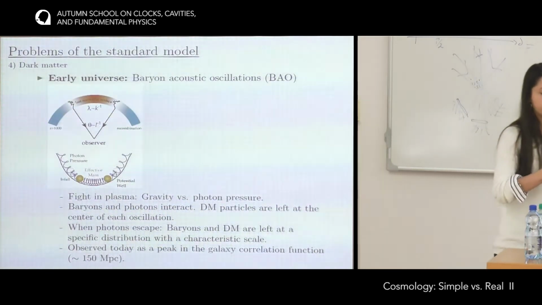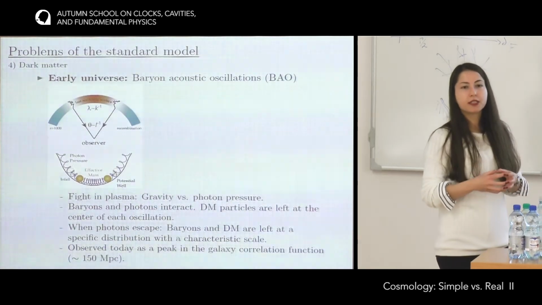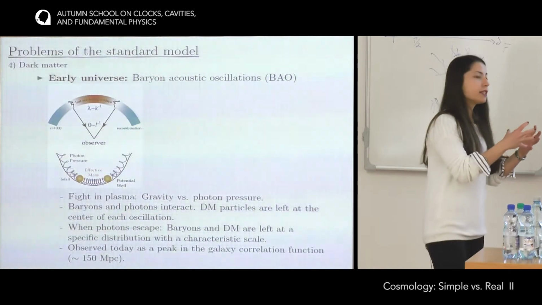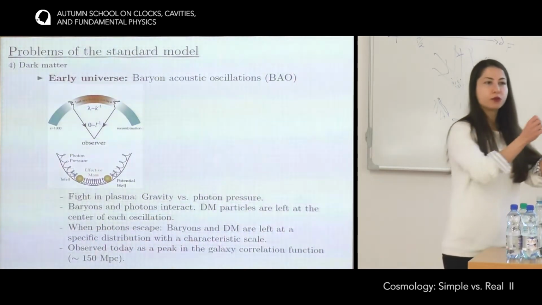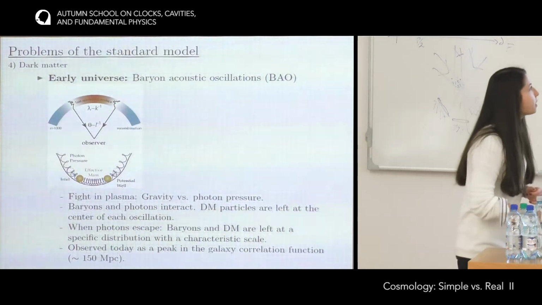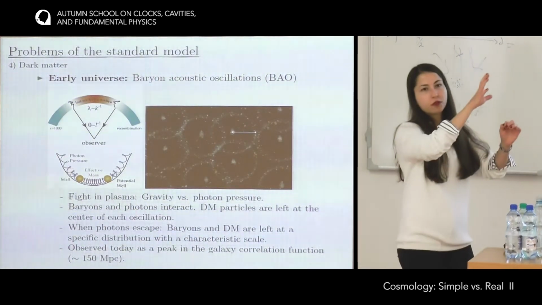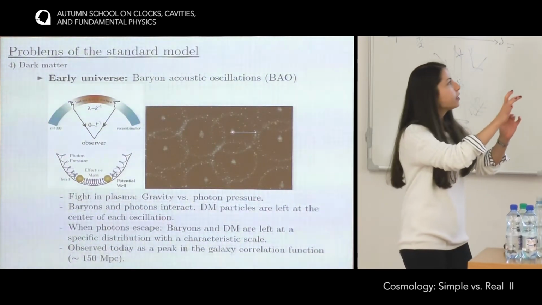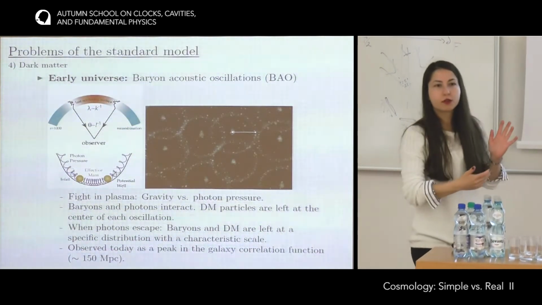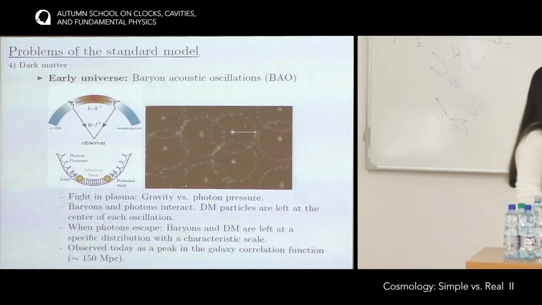So by looking at this data of the relic radiation, you can see that this spherical distribution that I talked about can be viewed in the galaxy correlation functions, because it is these initial quantum fluctuations that give seeds to the structure today. So by looking at the structure today, the galaxy correlation functions, like say you have a galaxy and then you try to find out the most probable distribution of the closest galaxy, you see that this is actually what we observe, as you would expect from an early universe, with dark matter clumping in the middle and the baryonic matter in a spherical distribution.